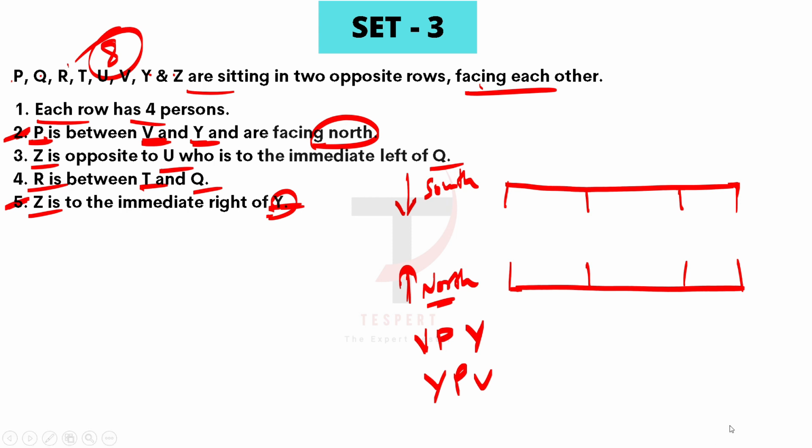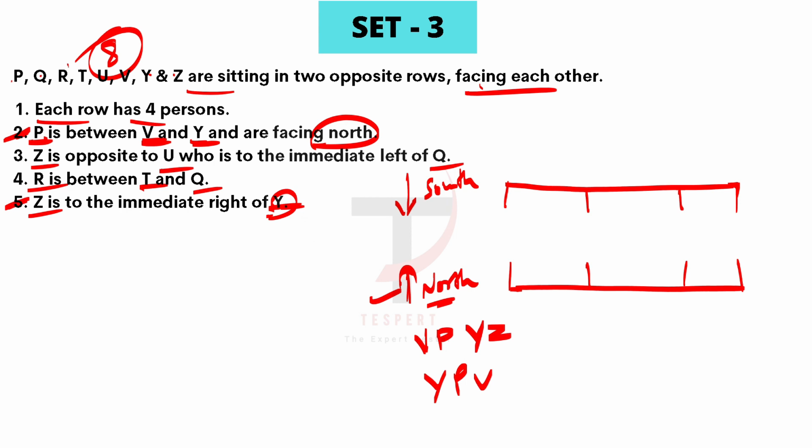So according to the fifth statement, Z is to the immediate right of Y. So Z definitely comes here. Z is one of the persons who is facing north direction. All right, so if we take the first case, Z is to the immediate right of Y, which means Z comes here.